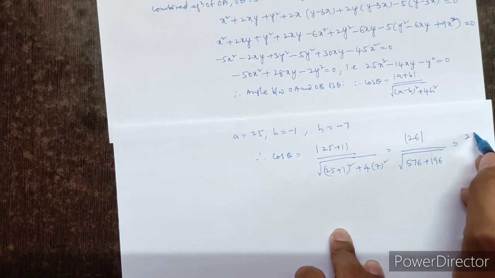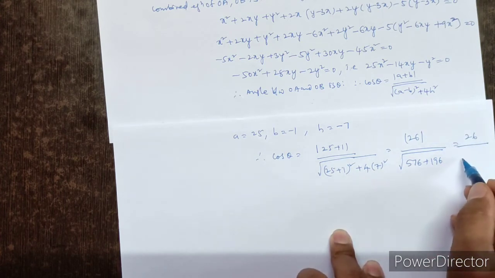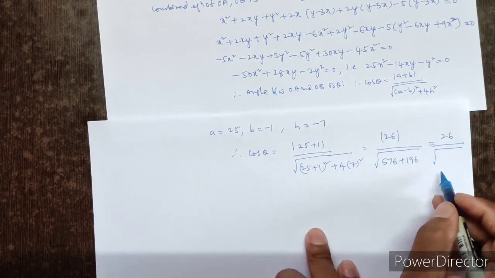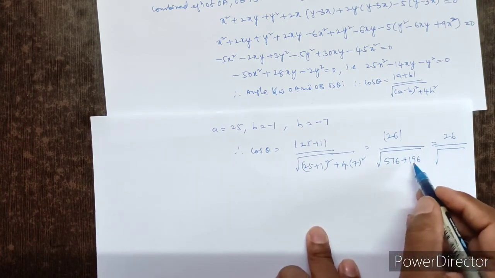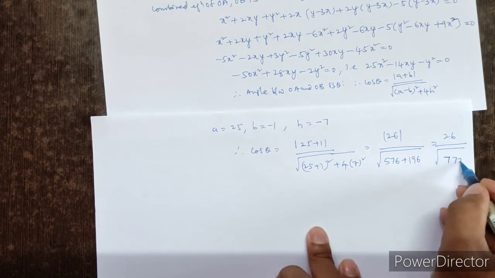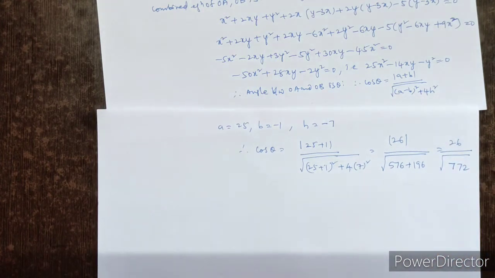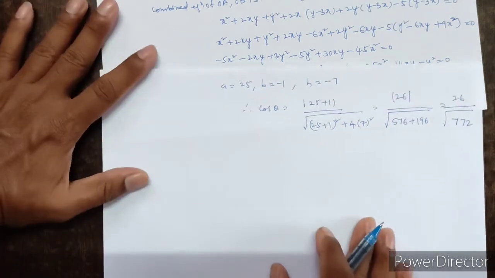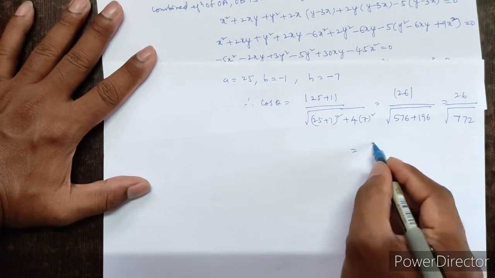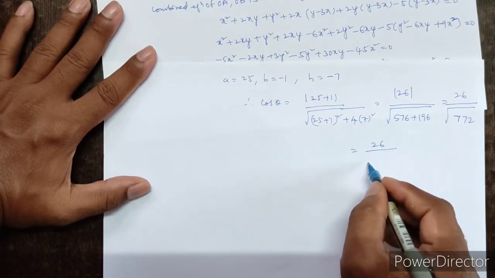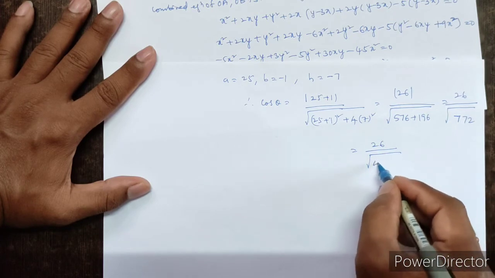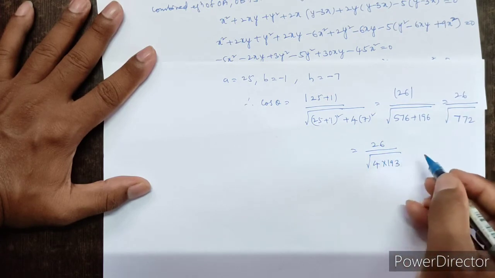That equals 26 by root of 676 plus 196, which is 872... 26 by root of 772, which can be written as 4 into 193.